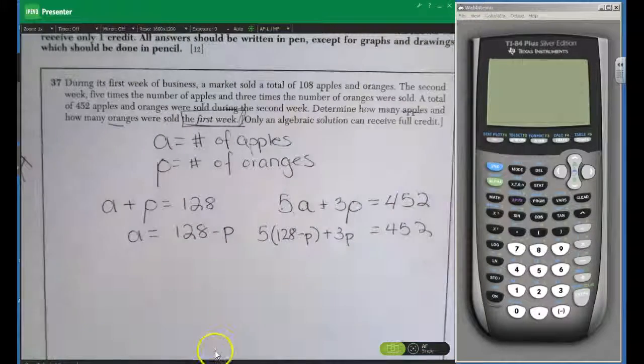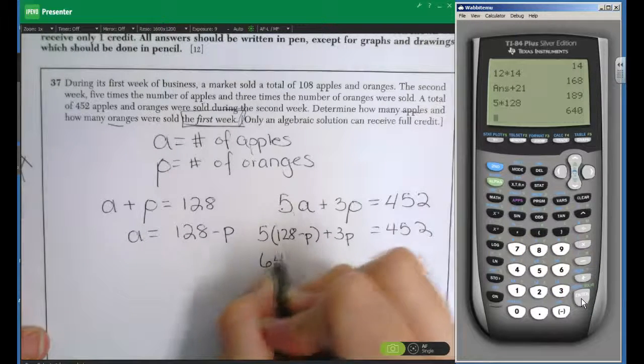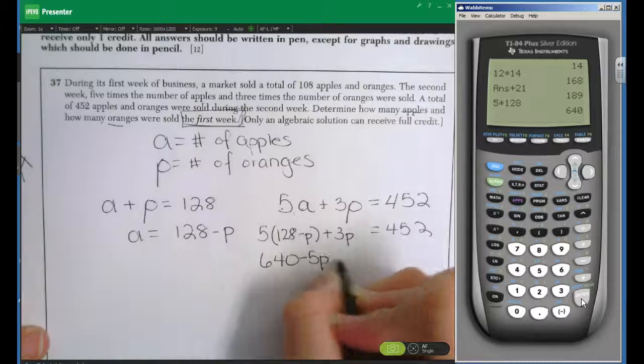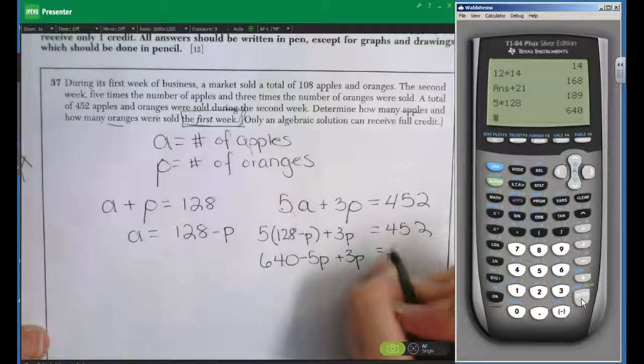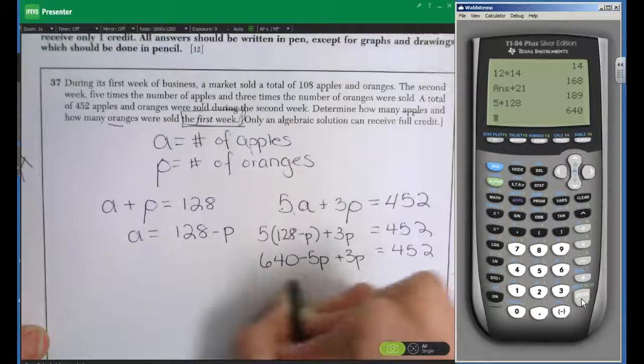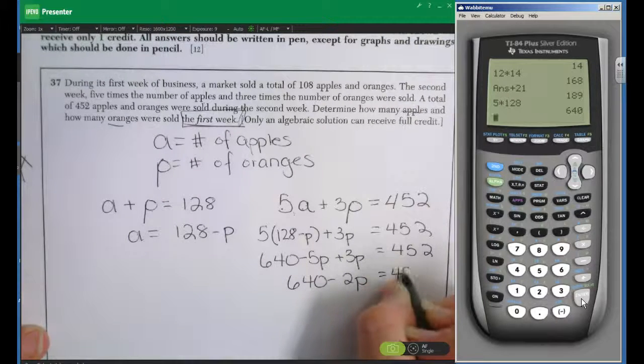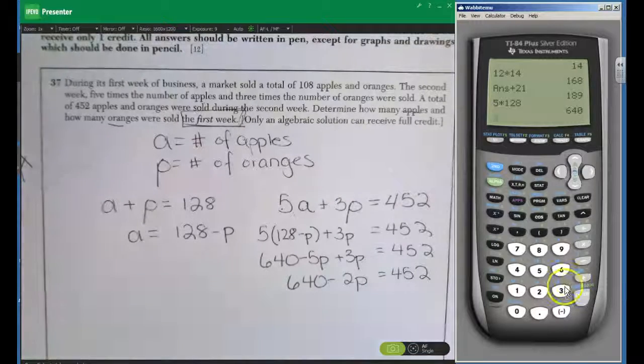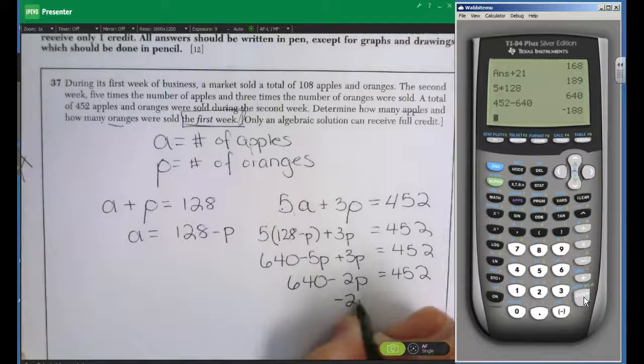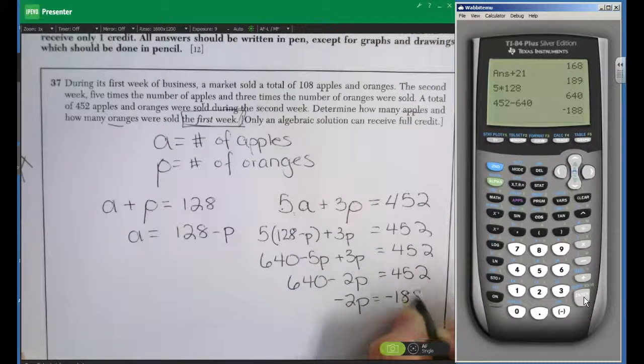5 times 128, I do not feel like doing in my head. 640 minus 5P plus 3P equals 452. Combine like terms, 640 minus 2P equals 452. Subtract 640 from 452. Negative 2P equals negative 188.